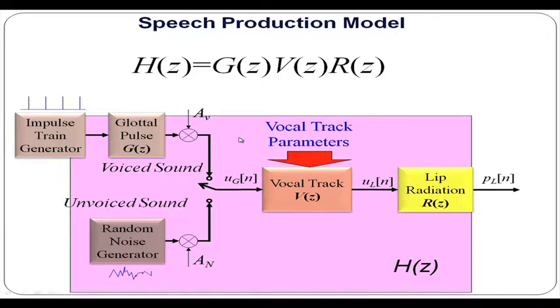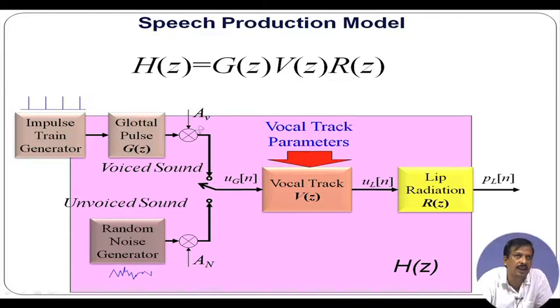Okay. So, if you see how speech is modeled in the digital domain, there is an impulse generator, then a glottal pulse modulator, the glottal transfer function, then there is a gain, the speech gain. If the speech is voiced, then it is connected to here. If it is unvoiced, it will be connected to here, which is the random noise generator. Okay.